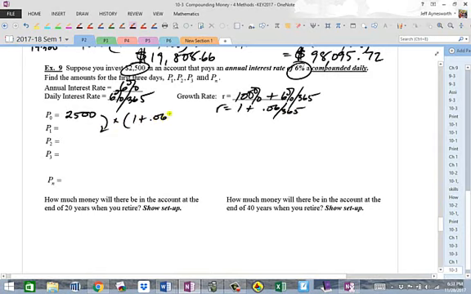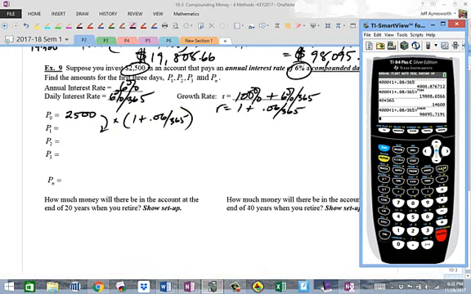Okay, let's clear the calculator. Enter 2,500 times the quantity 1 plus 0.06 divided by 365. And we get a little bit more than we started with: $2,500.41. We just made 41 cents after 1 day.